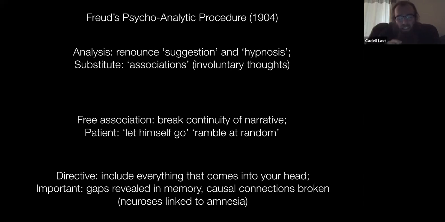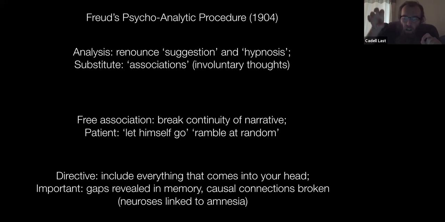And his claim is that when you apply this method, you just ramble at random, let yourself go, and ramble about your history, you reveal huge gaps in your memory and causal connections where there are gaps. And it's in these gaps where Freud says the neuroses are being linked to amnesia.